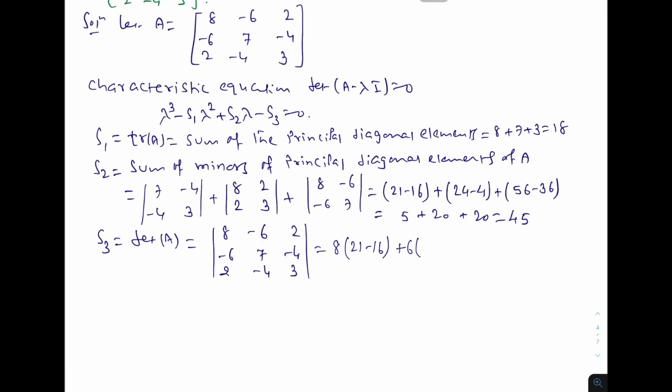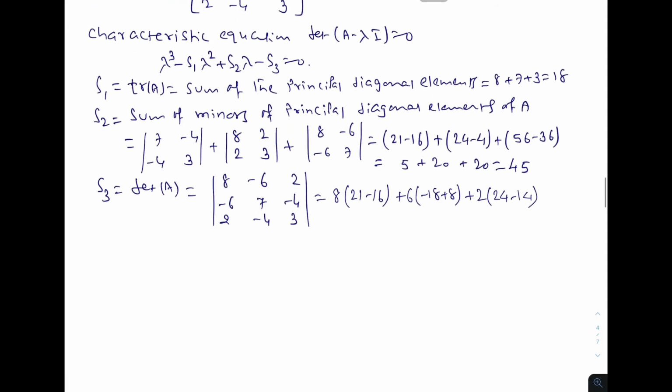This is minus 6 into 3, minus 18, and minus plus 8. Then plus 2, these 4 elements, 6 4s are 24 minus 14, and so that is equal to 40, then minus 60, and this is 20, and so this is 0.